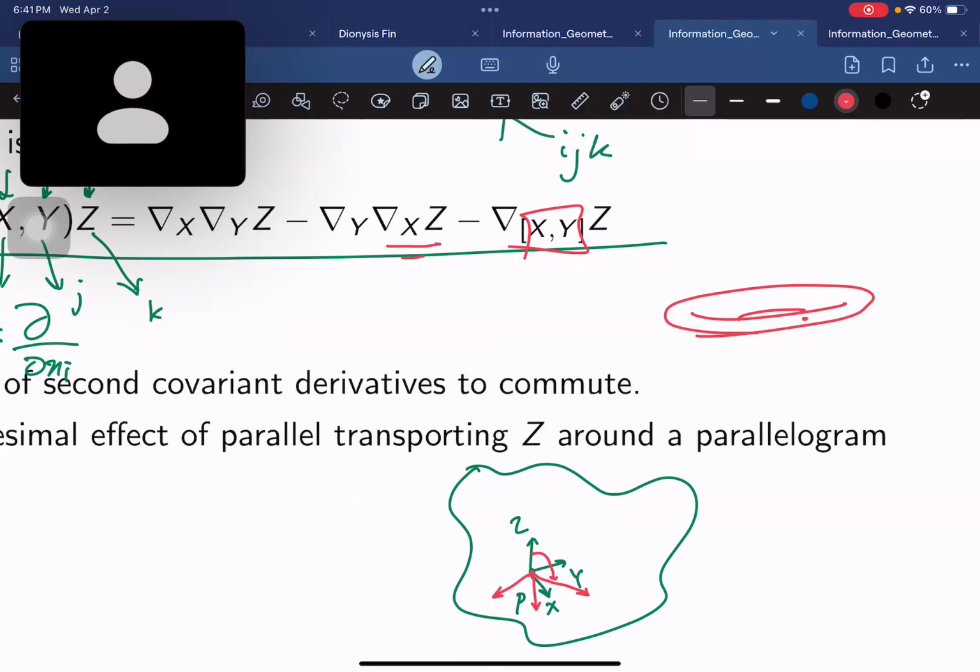Because there is a lot of curvature alongside that. But if I go with respect to Y first and then X, that is also a lot, but this would cancel out the second one. So this would be much larger and would show the large curvature locally.